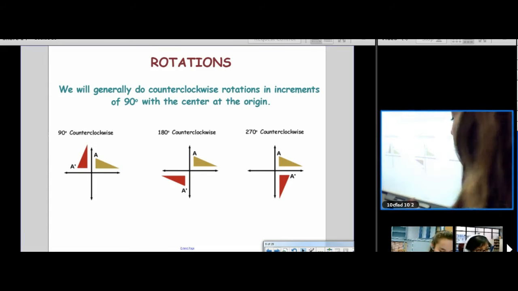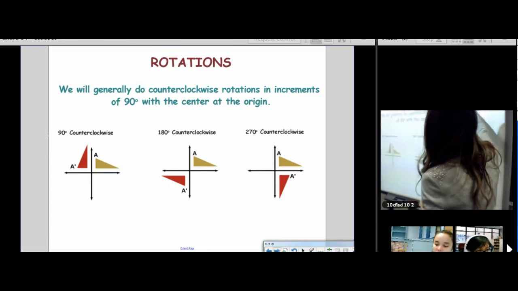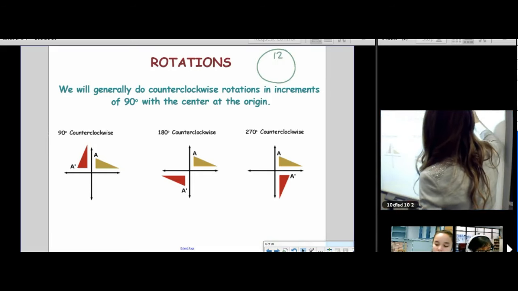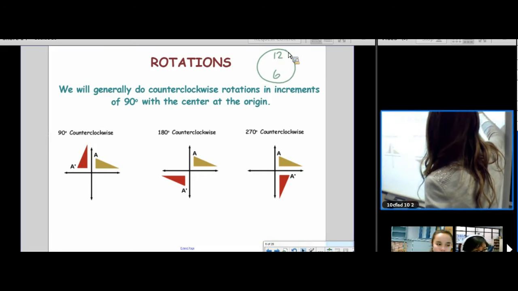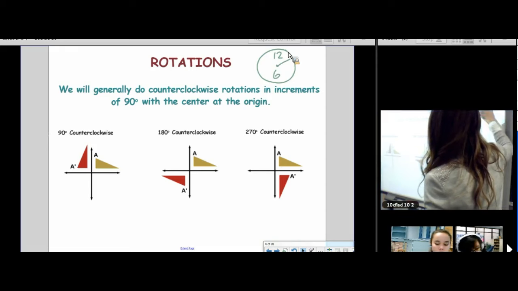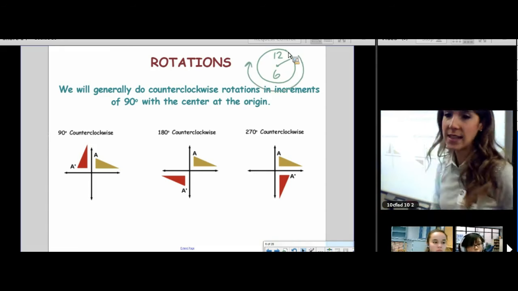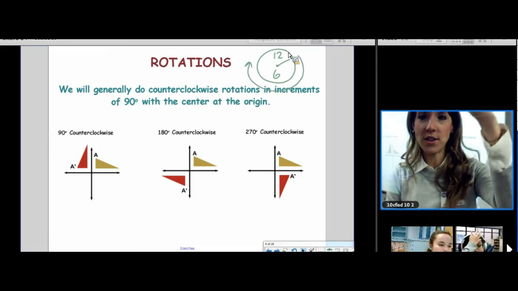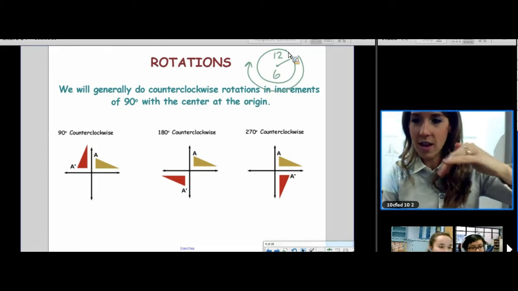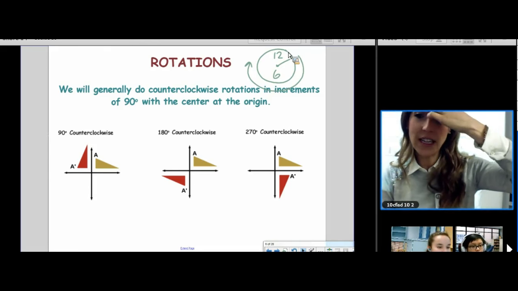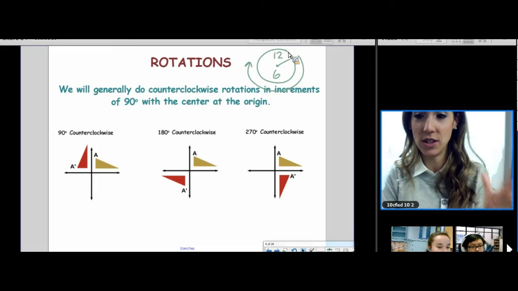I need you to know what counterclockwise means versus clockwise. So here's a clock. The hand of the clock travels this way. That's how the hand of a clock travels. When you watch a clock, I know we don't use analog much anymore because we all have everything digital, but it is still relevant. You still need to know.